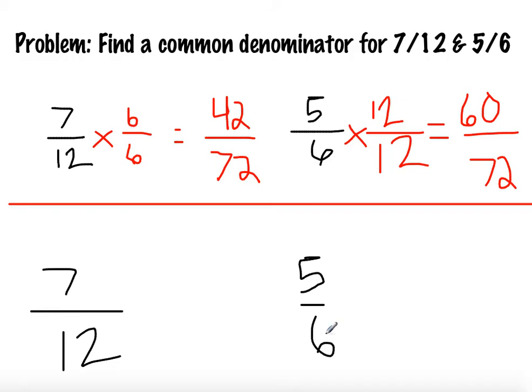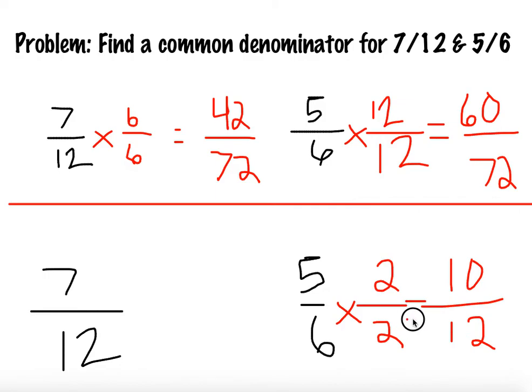So I'd ask myself, 6 times what gives me 12? If you said 2, you are correct. And what I do to the bottom, I also have to do to the top. So 5 times 2 is 10. 6 times 2 is 12. My new fraction is 10/12.